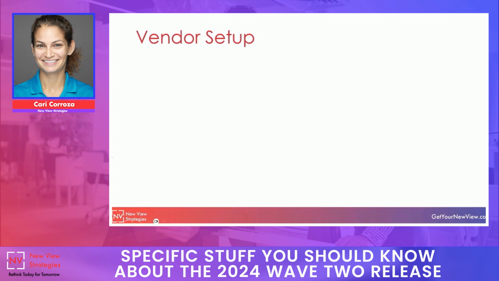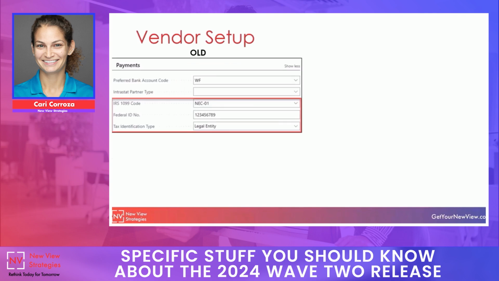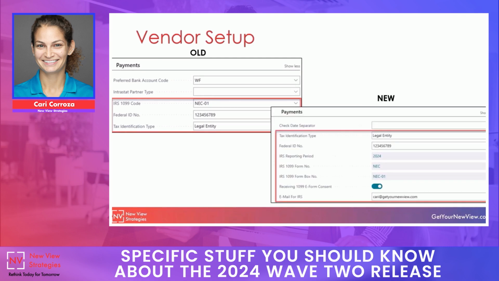Now, if we look at the vendor setup and the options on the vendor card, with the existing way we had 3 fields: a 1099 code, a federal ID number, and a tax ID type. With the new functionality, we have some additional fields. We still have the tax identification type and the federal ID number, but we now have an IRS reporting period, the form number, the box number, and fields for the email functionality.